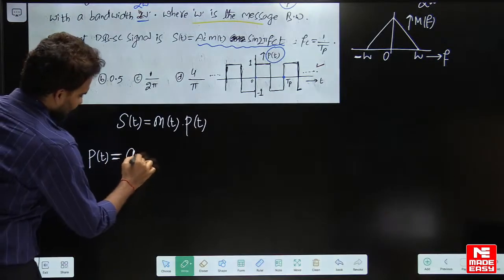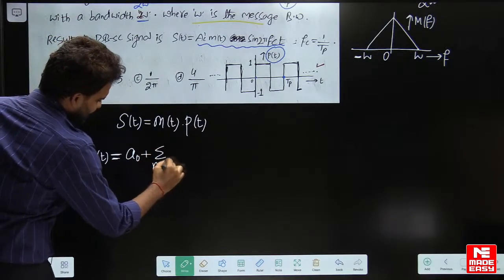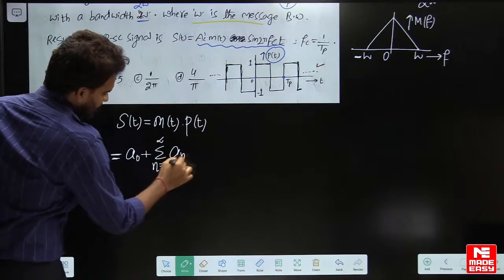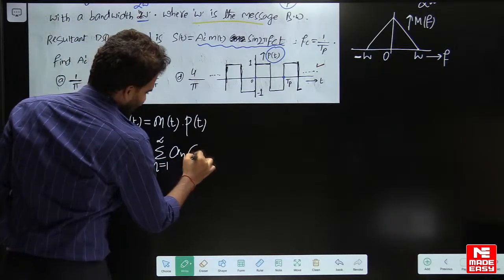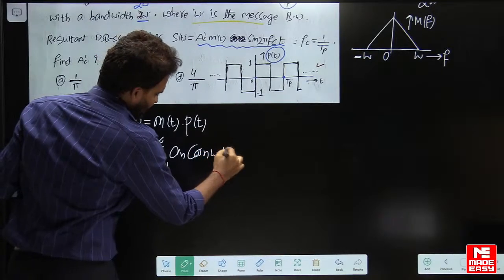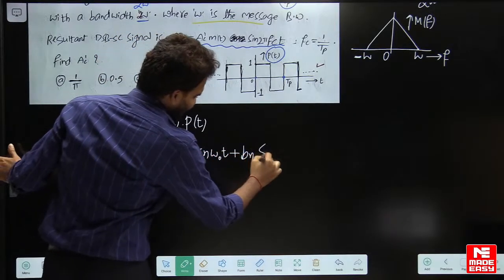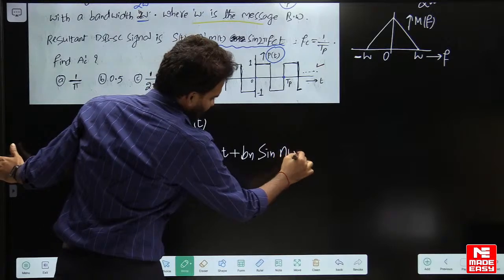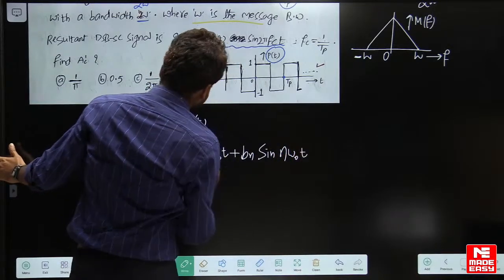That is A naught plus summation n equals 1 to infinity A n cos n omega naught t plus B n sine n omega naught t.